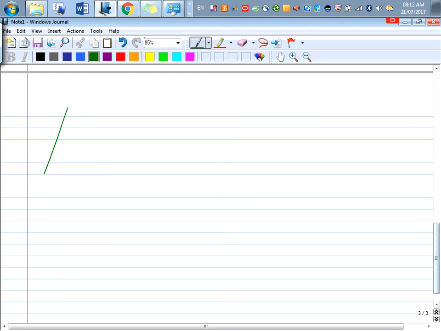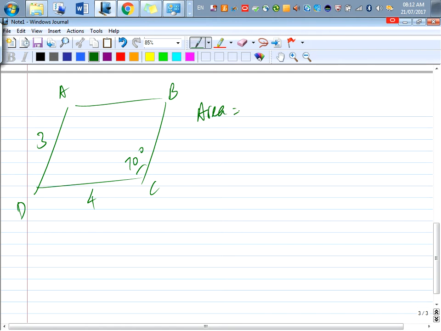Next, what is the area of this parallelogram? Area. Zoe, what do you think? 2 times. Okay, all agree?